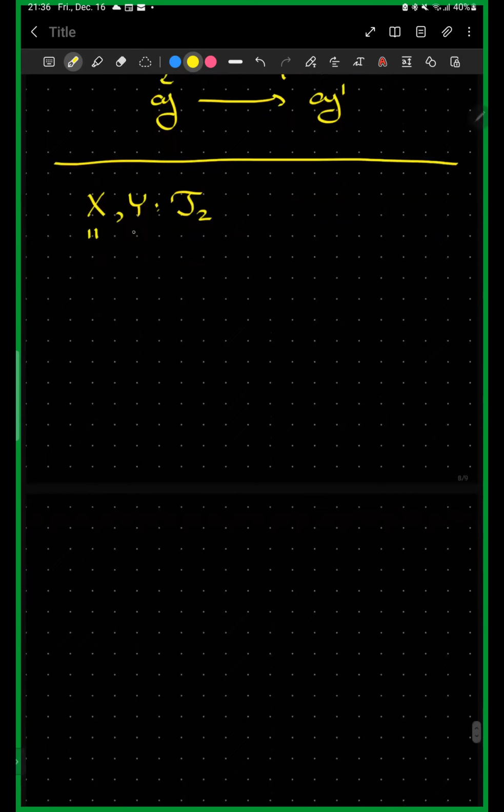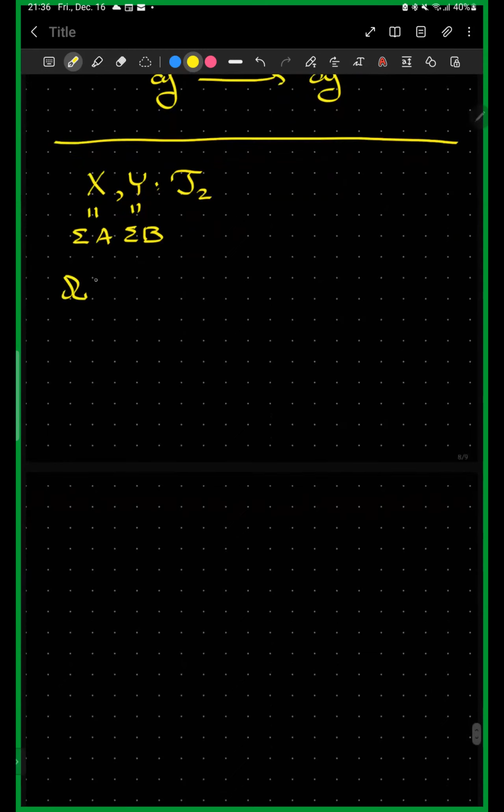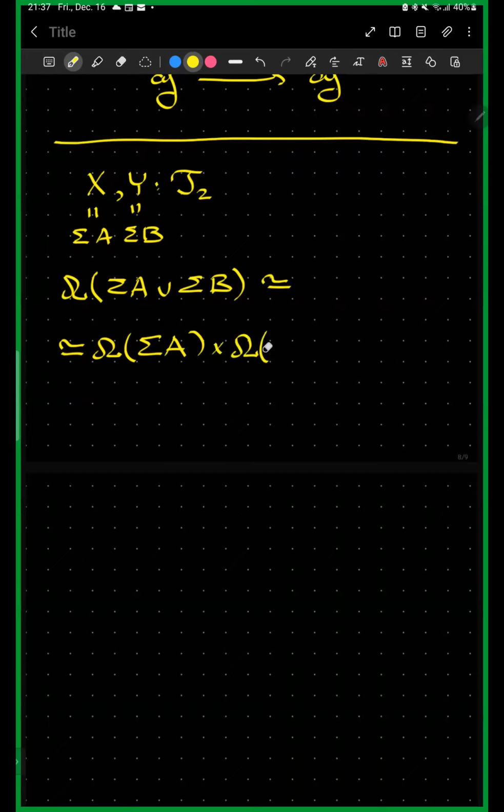Then if X and Y are suspensions, we have the following theorem due to Hilton: if we take a wedge of these spaces, then we have a homotopy decomposition of the loop space on this wedge as a product of loops on the first space times the loops on the suspension of a wedge of B with the following infinite wedge.